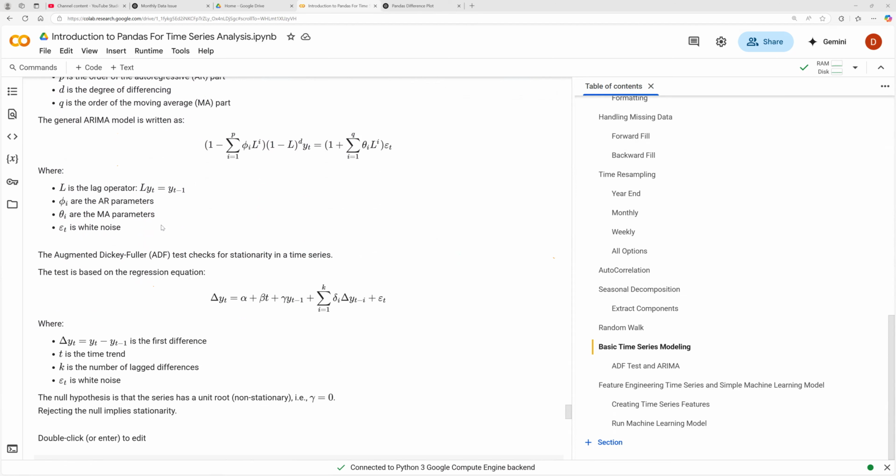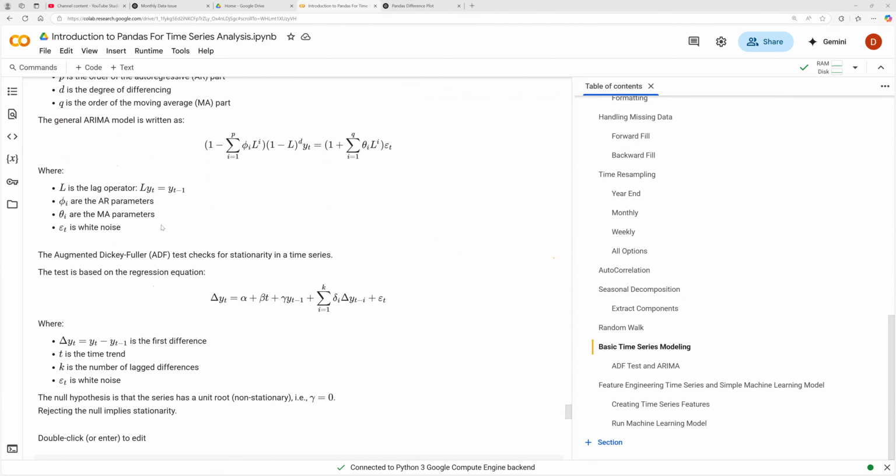Before we actually use the ARIMA model, we're probably going to want to do a hypothesis test on the time series. Now, in financial markets, most of them you're going to have to difference, but there are other time series that I might not be familiar with.